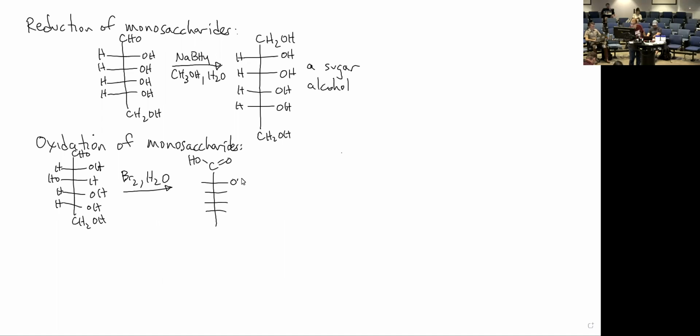So it leaves all of the other OH groups alone. Doesn't touch anything else. I think it's surprising that such a generic reagent like bromine is that selective. Leaves alone this CH2OH group also.